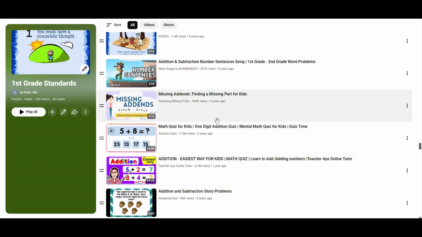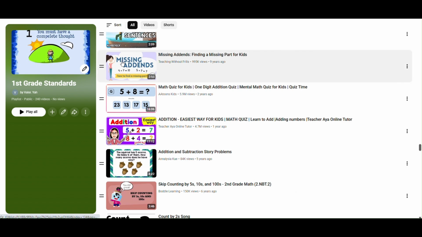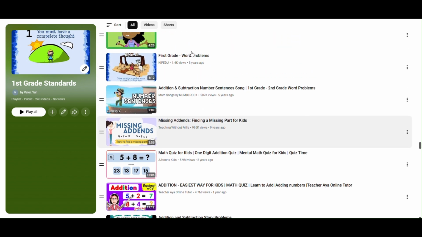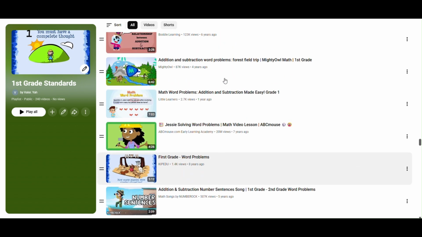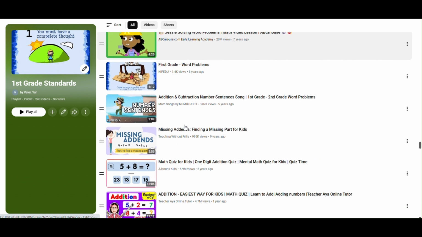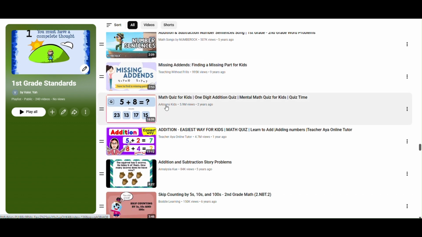Gotta have the songs in there. It just makes it more fun. Missing addends, again, getting this concept in there. Like, to think about that relationship. We just went through number sentences. We just went through the relationship between addition and subtraction. We just sang the song. So now, introducing that into little bite-sized pieces, what that would look like.